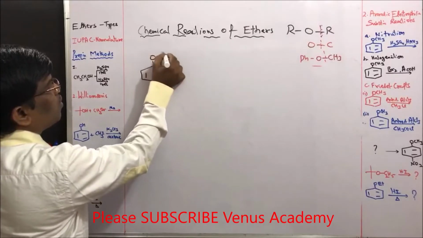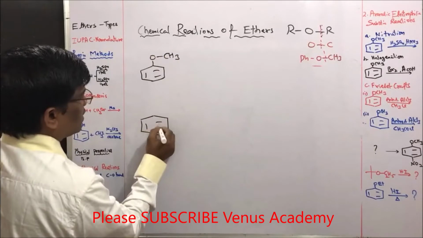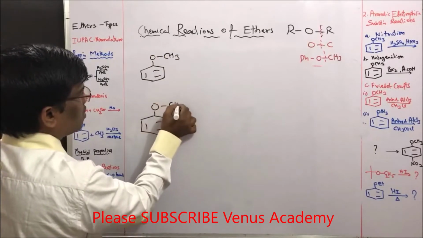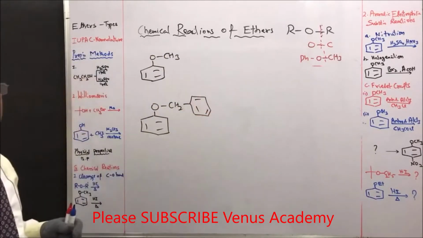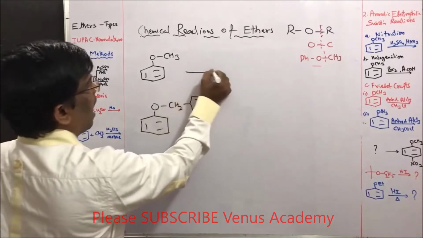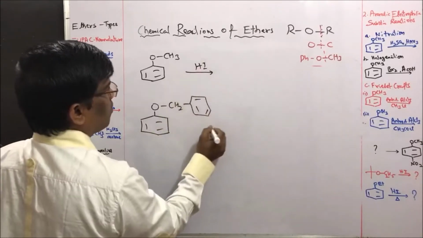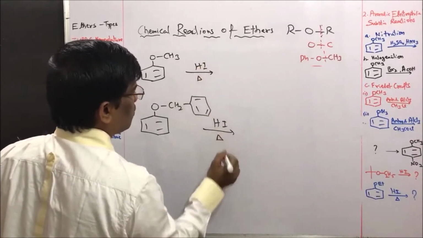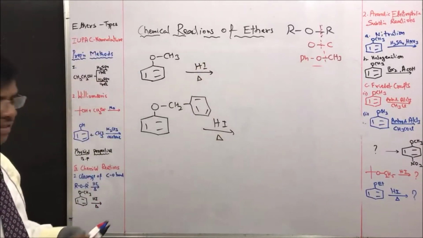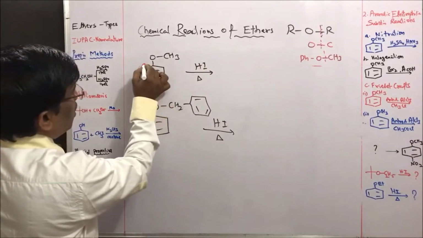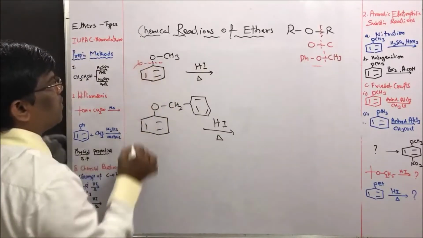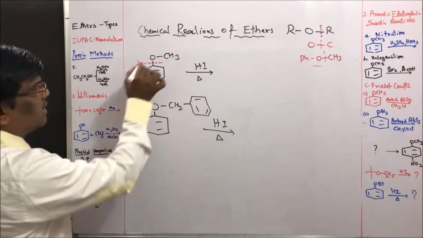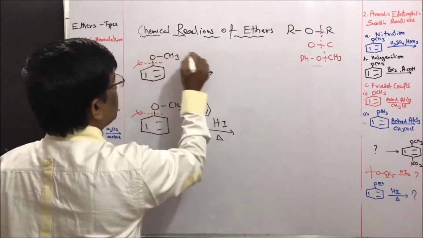This is OCH3, and let us take one more example: OCH2, this benzyl methyl ether, and when I add HI and heat, what is the product? Is it easy to break this bond? No, this bond breakage is not going to take place. Then what is left over? The methyl group.